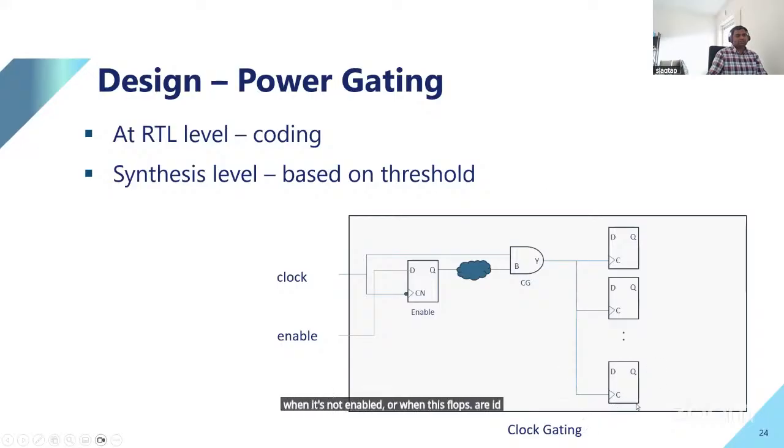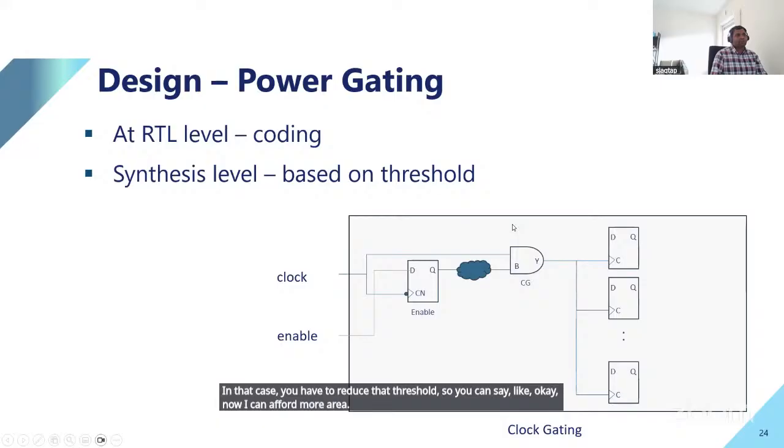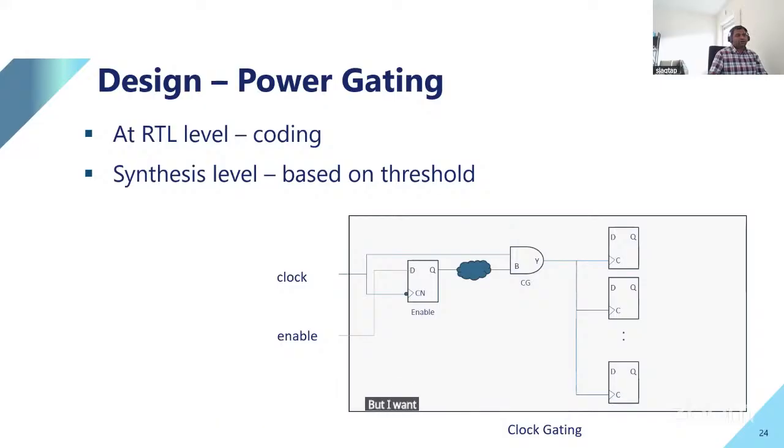In that case, you have to reduce that threshold. You can say, now I can afford more area, but I really want to cut down my power. So I can afford one extra clock gate even for every 4 registers. This is another area where you can reduce clock power.